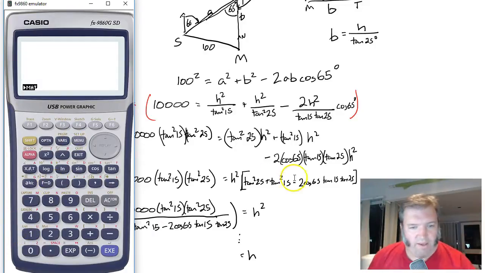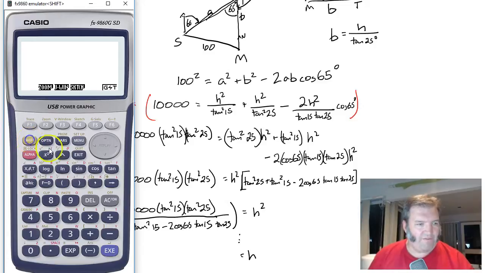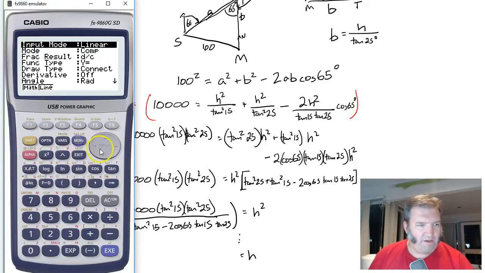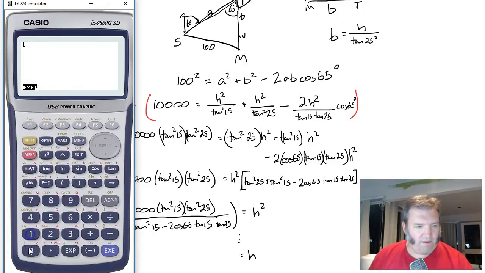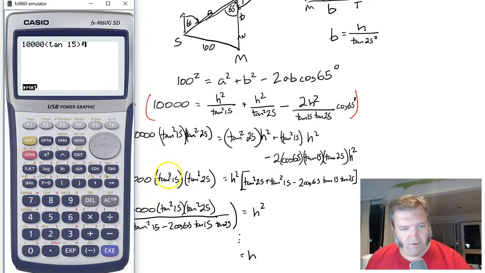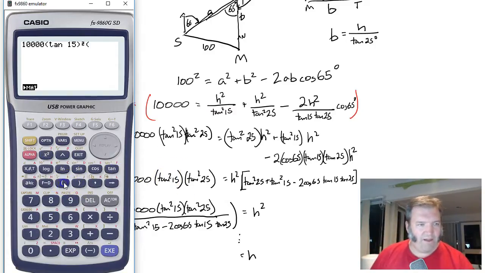Now I'm working in degrees here, so I need to first of all change my setup and make sure I'm working in degrees. Degrees it is. Good. Okay, so now I have 10,000 multiplied by the tan of 15 squared. So even though we write tan squared 15, when we put it in our calculators, we need to do it that way. And the tan of 25 squared.